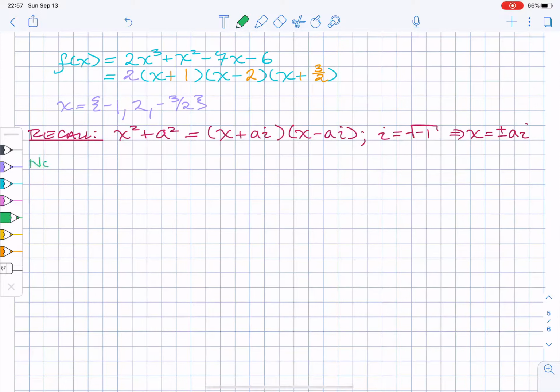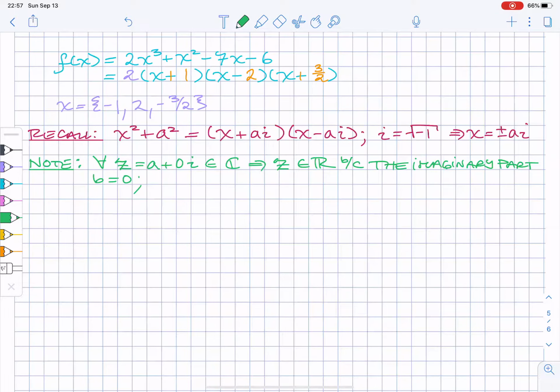So note, for all complex numbers z equals a plus 0i, elements of the complex numbers, this implies that z is also real, because the imaginary part b is equal to 0.